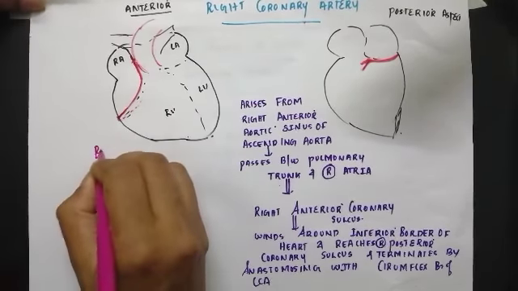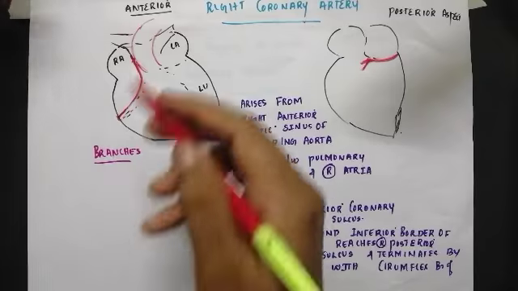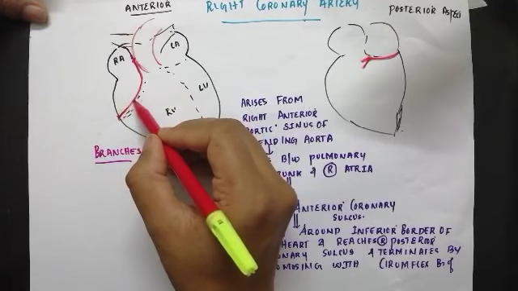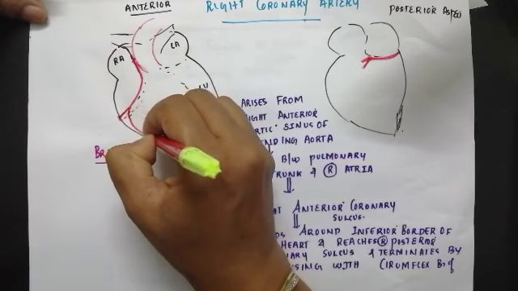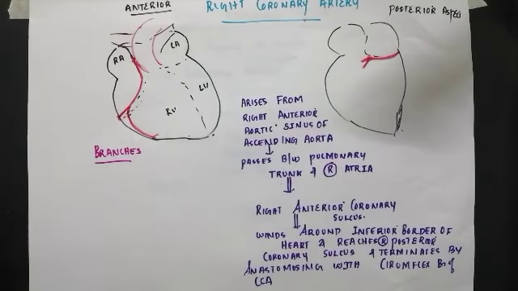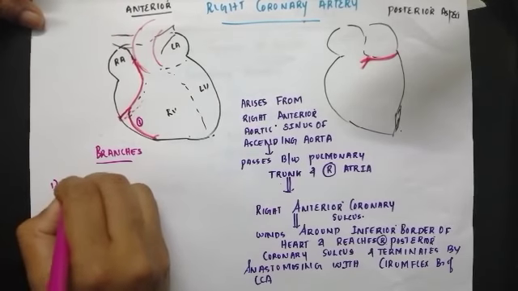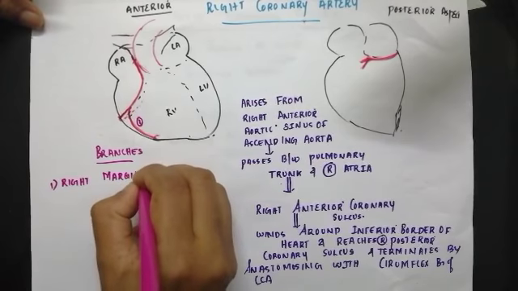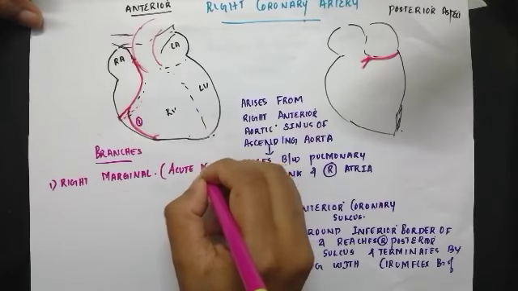Now we will discuss the branches of the right coronary artery. You can see that the right coronary artery gives a main branch which is known as the right marginal. This one is labeled as 1, the right marginal artery, also called the acute marginal.